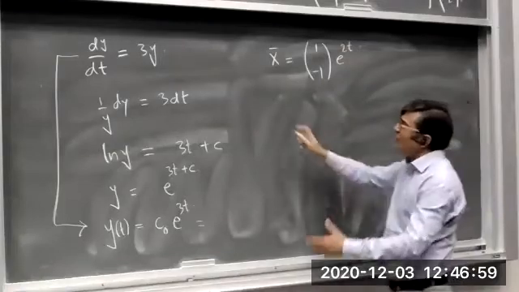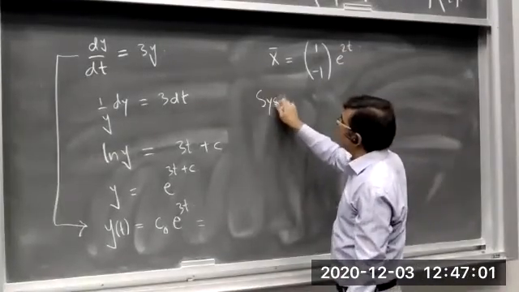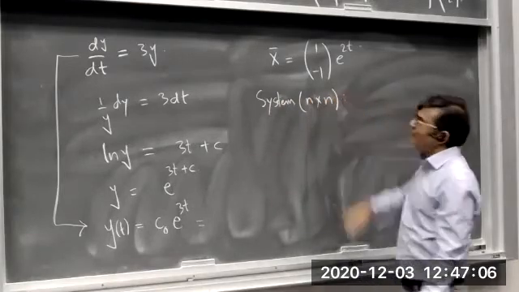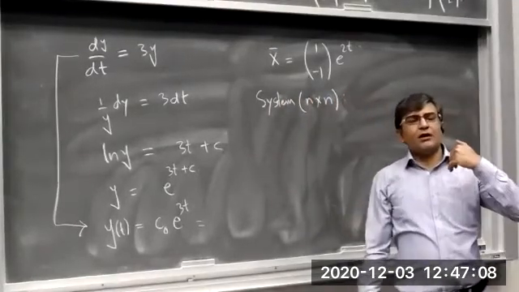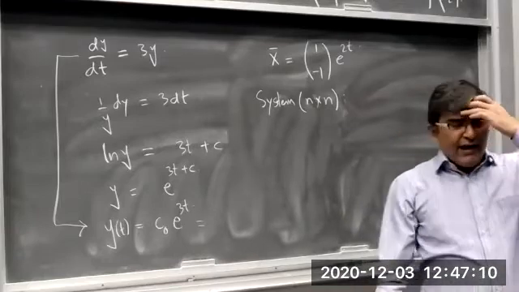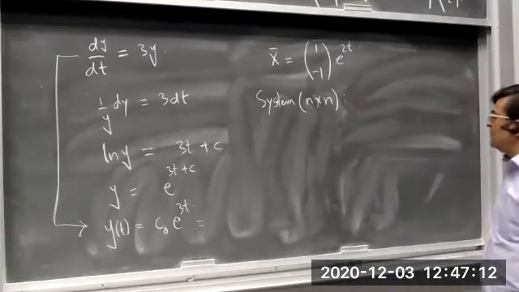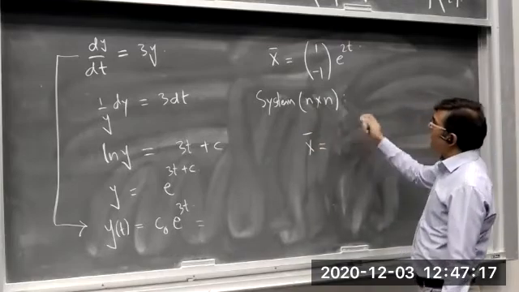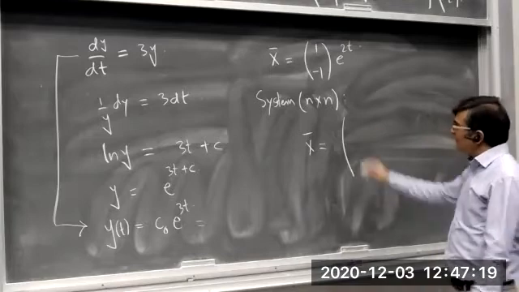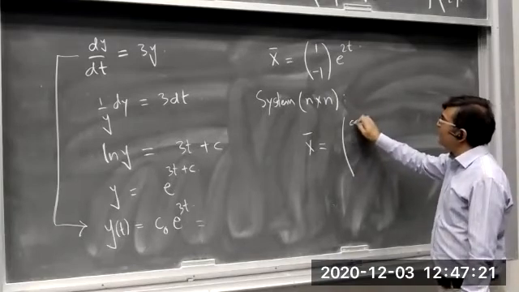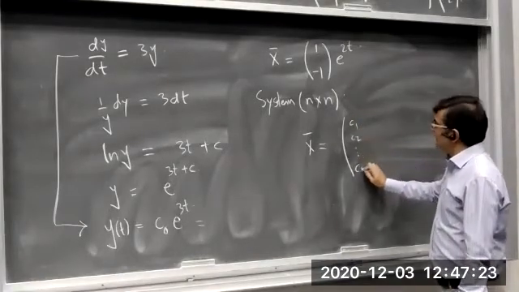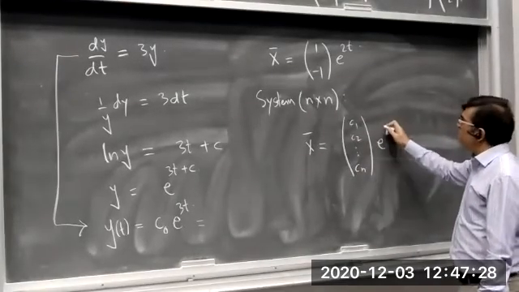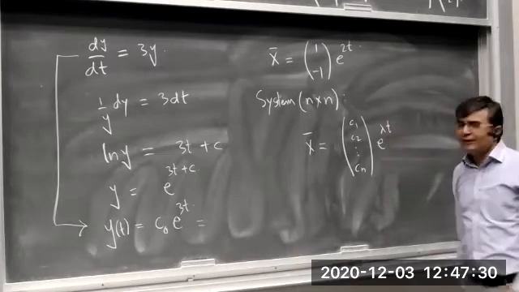If you have a system of n equations, an n by n system of differential equations containing n differential equations in n unknown variables, then the solution will be of this form: a constant vector c1, c2, and so on up to cn, times some exponential function of t.